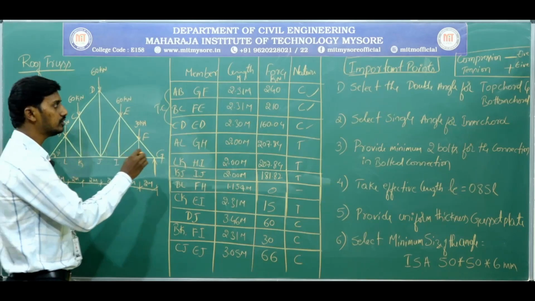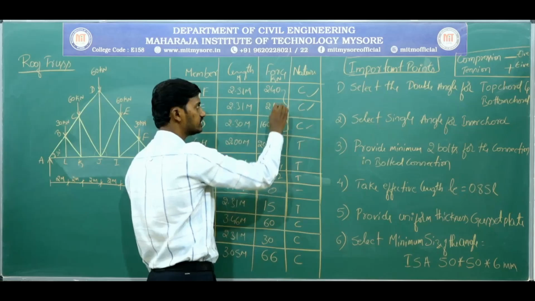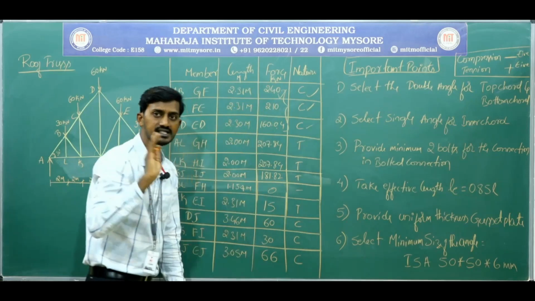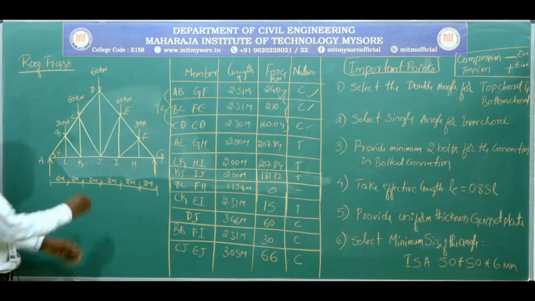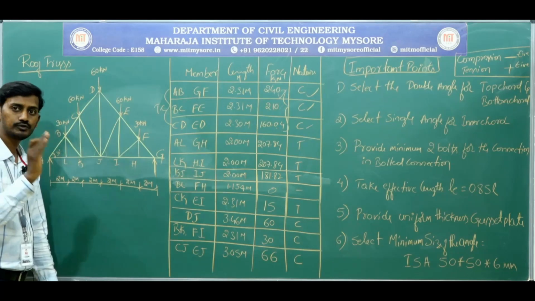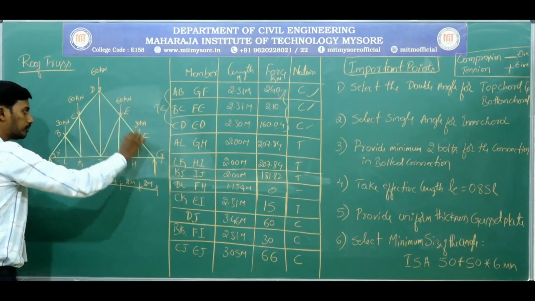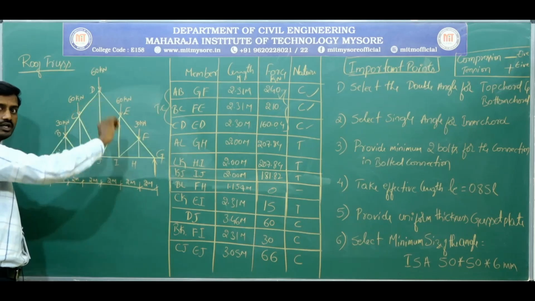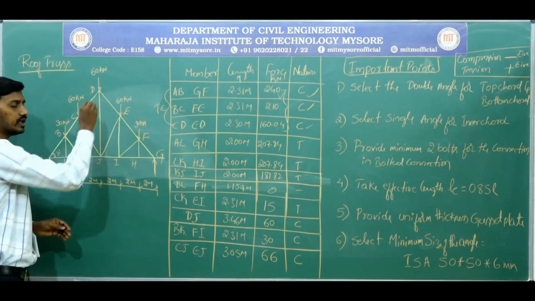So what you need to do? You need to select the highest of these three forces, that is 240, and design for the compression member. If you design by selecting 240 kilonewton force as a compression member, the whole top chord design is over. You need not design each and every member.